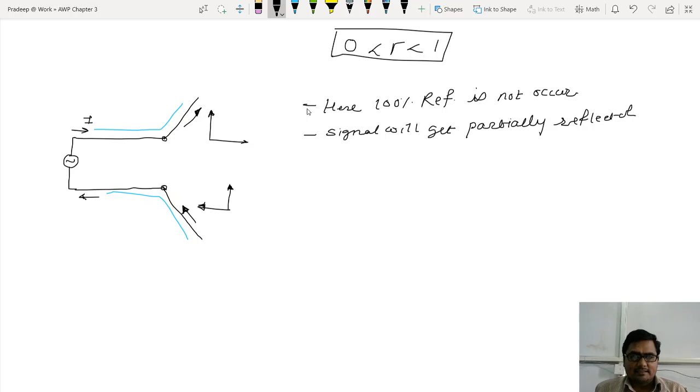Now look at this. This component and this component, now they will cancel each other. Because see, one is going in forward direction and another one is going exactly opposite to that. 180 degree phase shift, exact opposite. So obviously they will cancel each other. This will cancel this.